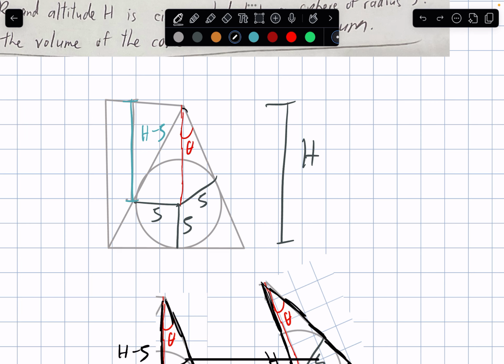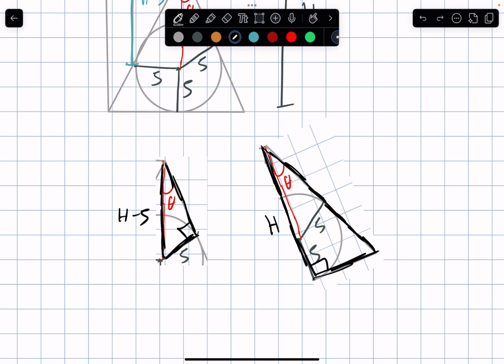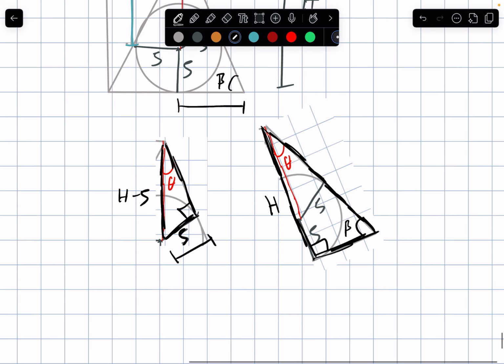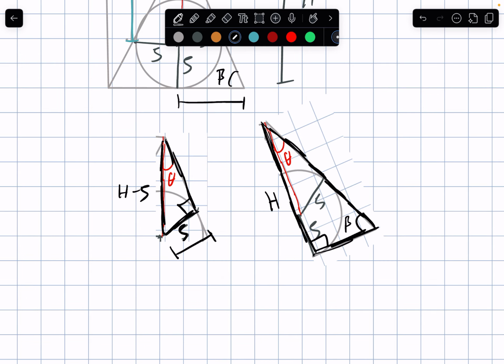Here, that's just equal to 5 as well. How about this measure? Let's assume this is angle beta. I don't think we will be able to find the measure of this just yet. Let's see.